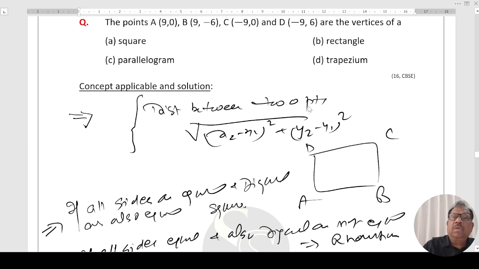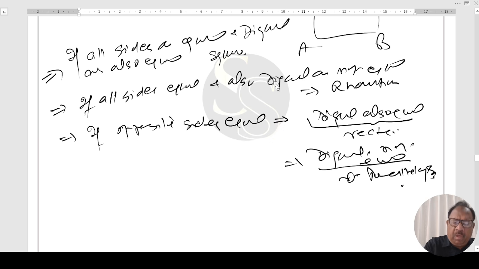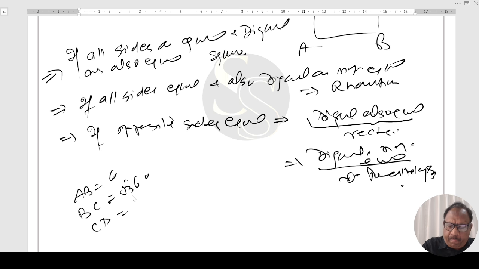In this case, we have to use this concept to find the answer. AB will come out to be 6, BC will come out to be root 360, CD will come out to be 6, and DA will come out to be root 360.